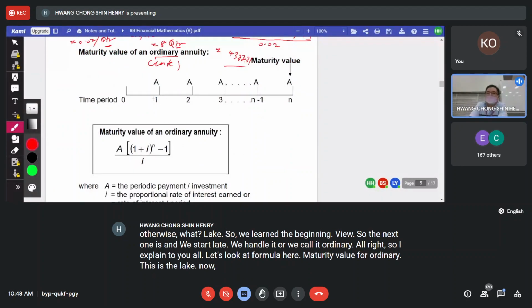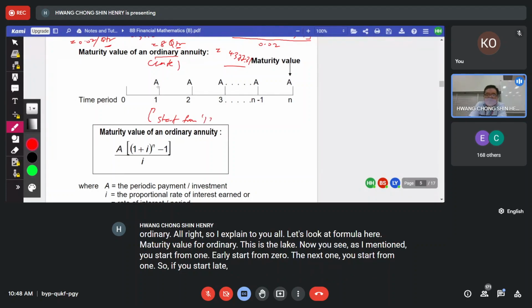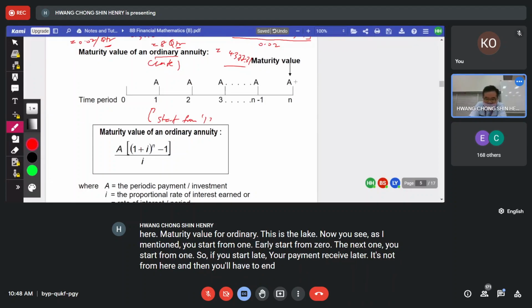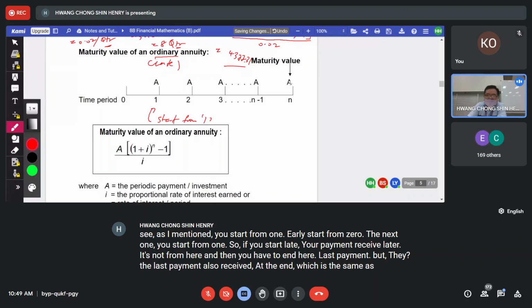Now, you see, as I mentioned, early, you start from 0. The late one, you start from 1. So if you start late, your payment is received late lah. Start from here, and then you have to end here. Last payment. Start late. The last payment is also received at the end there, which is the same as the maturity value.